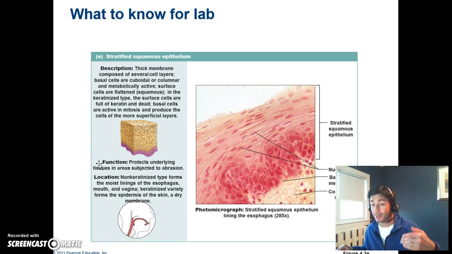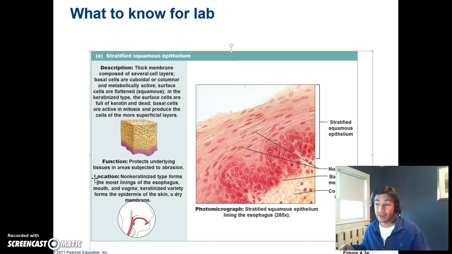So anytime a new tissue type is introduced in lab, make sure you know the function, and then be able to give the location of that tissue as it relates to the organ system that we're covering that week, and you might even want to know where else that tissue type might show up outside of the organ system that we are talking about at that particular point in time.